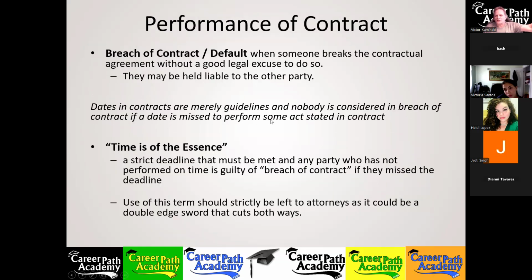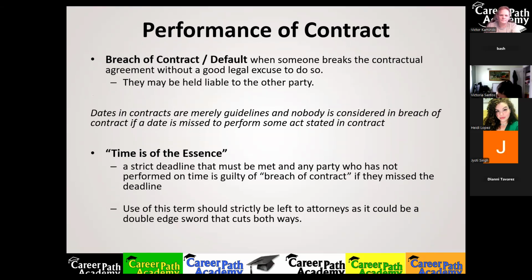So breach of contract or defaults. We're talking about performance of a contract now. Breach of contract is when someone breaks a contractual agreement without having a good legal excuse to do so.